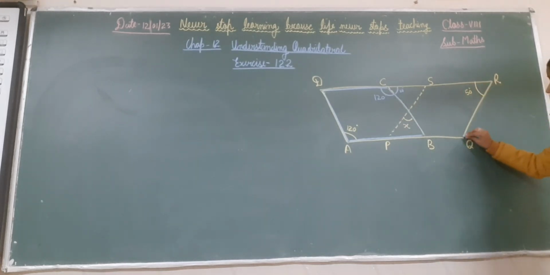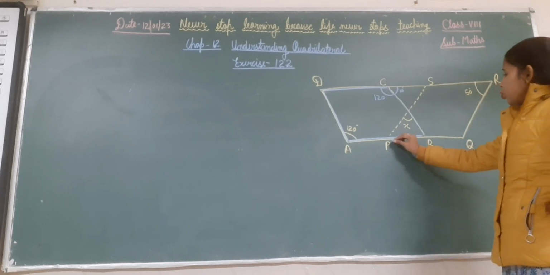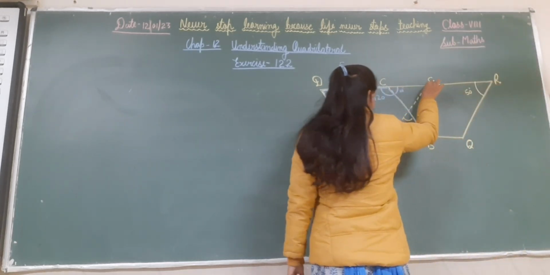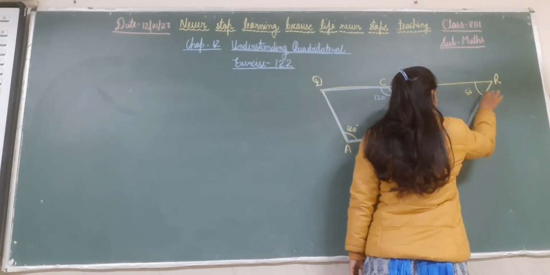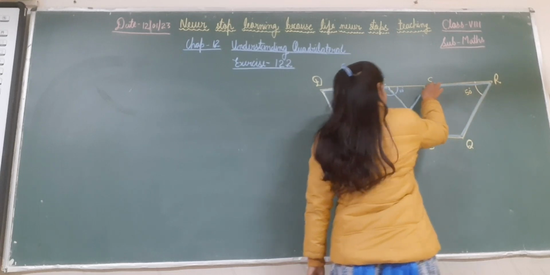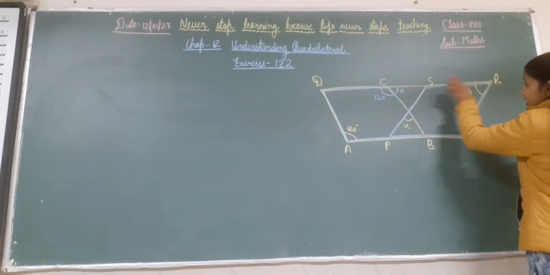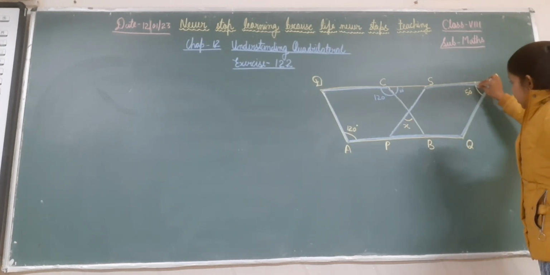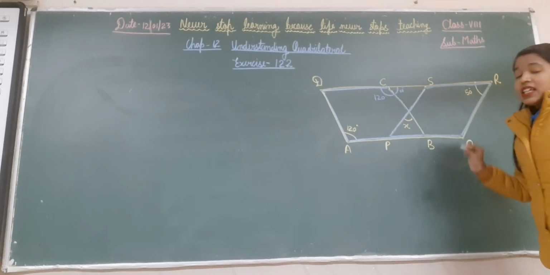Similarly, look here. If this angle is 50 degree in parallelogram P, Q, R, S, this is again the second parallelogram P, Q, R and S. Visible? It's visible, right? We all know that adjacent angles of a parallelogram are supplementary.